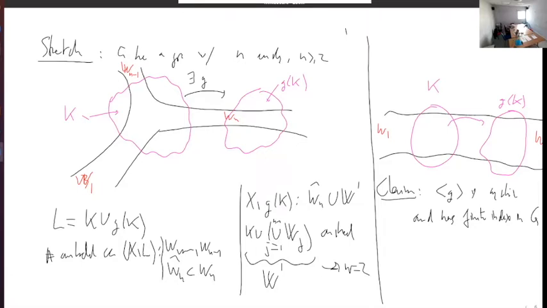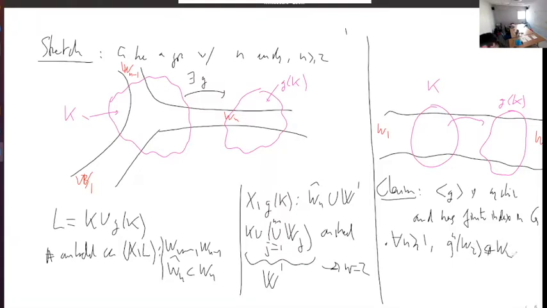So then it's impossible that a power of g will come back because you go always further off. You see, for every positive n, g iterated n times of W2 will be strictly contained in W2.